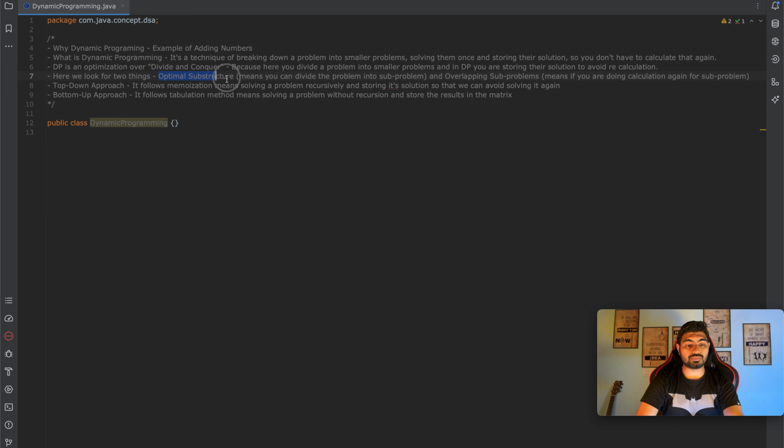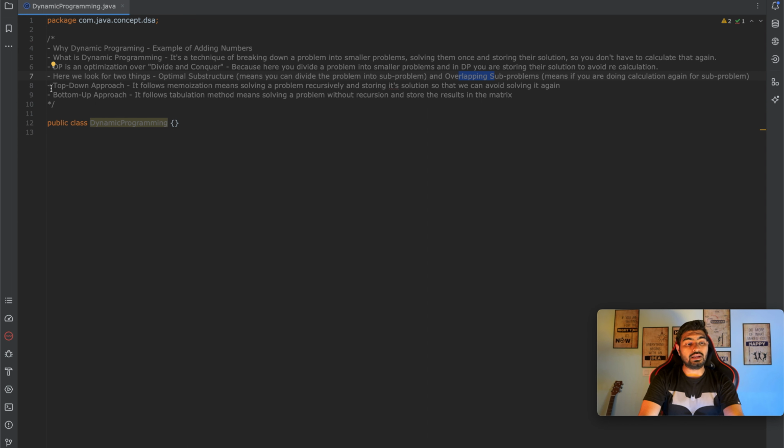When there is an optimal substructure, that means it is already following a divide and conquer technique, and then there is a pattern of overlapping subproblems. That means basically there are problems for which you are doing calculations again and again. Now that is a pattern of overlapping subproblems. Now when you have these two patterns, optimal substructure and overlapping subproblems, that is when you know that you have to use dynamic programming here. Okay, as simple as that.